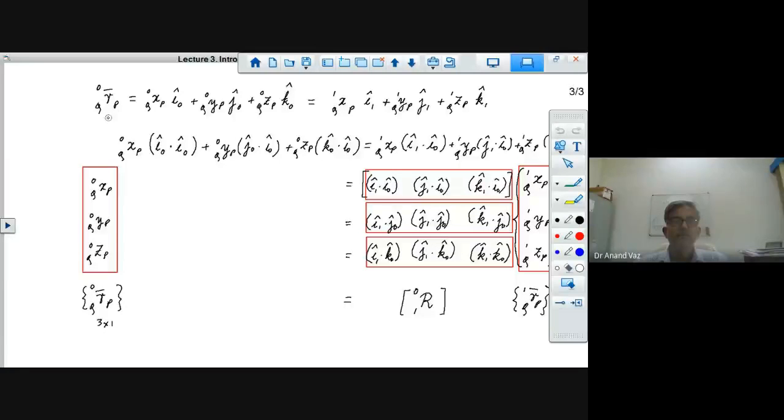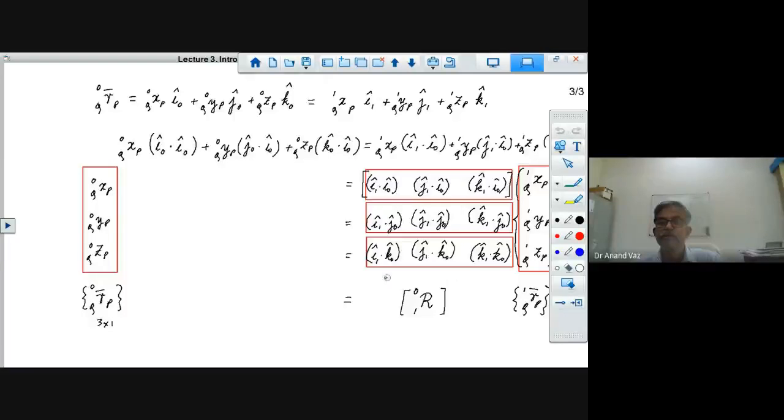We specified this vector in the frame 0 and also in the frame 1, and then we took a dot product with i naught on both sides. And we could get the vector xp in terms of its components expressed in the frame 0. Here, we could get the components of the same vector expressed in the frame 1. And the relationship was obtained through a transformation.